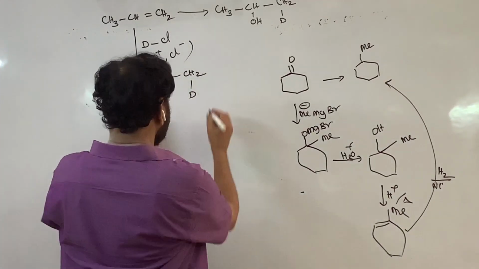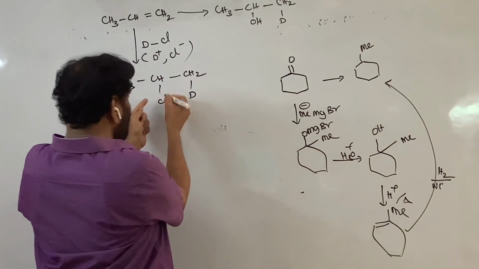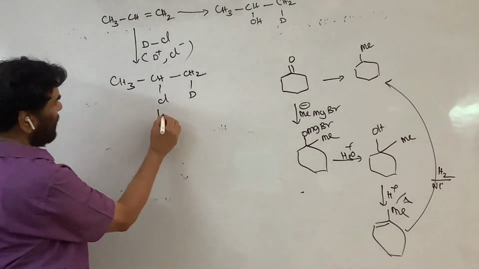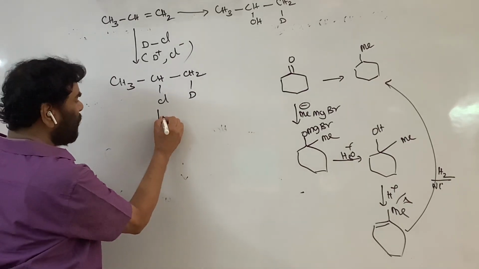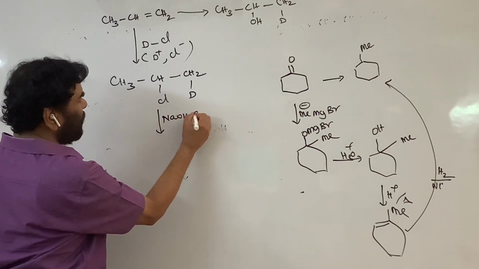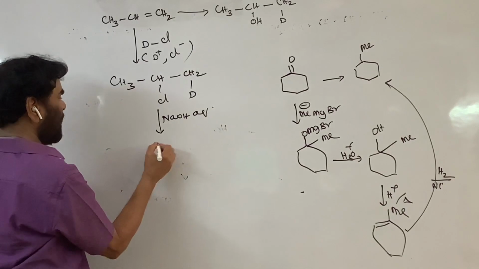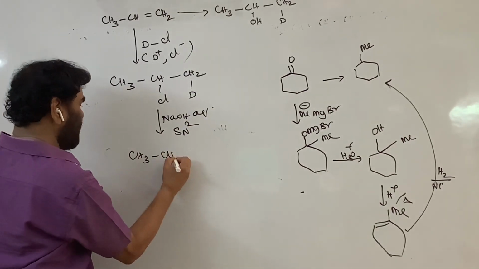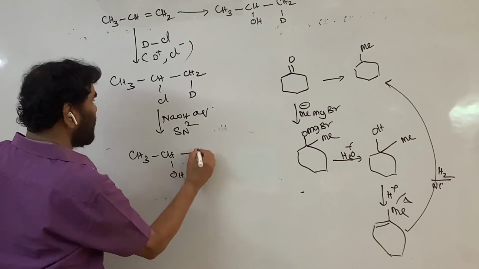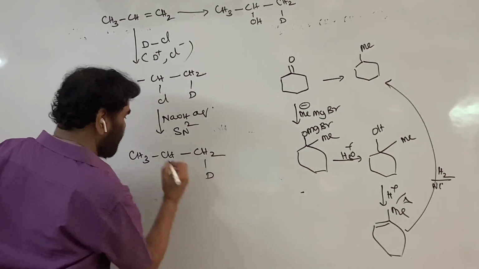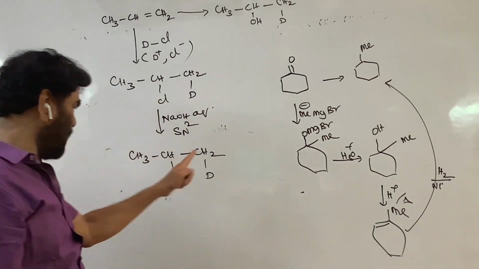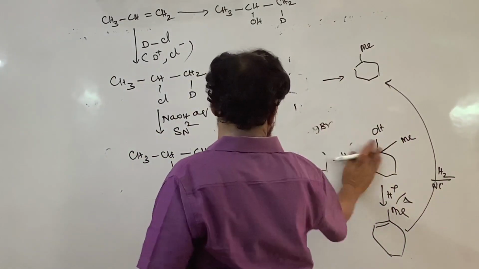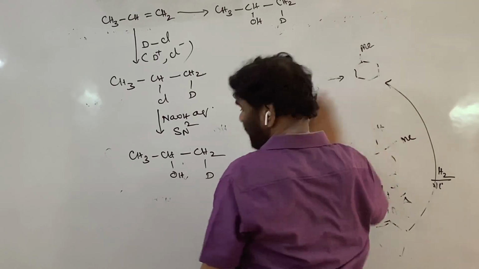Now Cl has to be replaced with OH, nucleophilic substitution, aqueous sodium hydroxide, that is an SN2 reaction. CH2D. 1-deutero-2-hydroxy propanol is formed. See, this is the conversion.